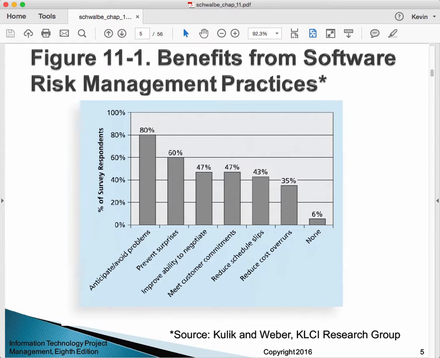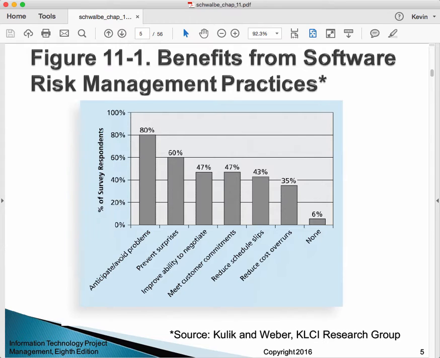What are some of the benefits that you can expect from employing project risk management practices? Here is a list of the benefits commonly identified by respondents to a study.